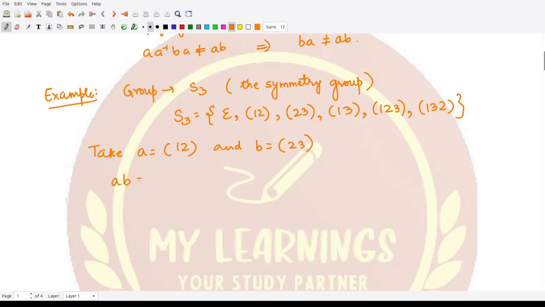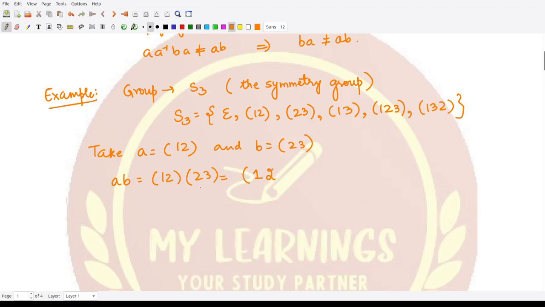then what would be AB? Let's calculate it. When you calculate it, we are looking for the mapping. Let's start with 1. Here there is no 1 in the first factor, so what about the other? Here 1 goes to 2, right? So the final answer would be 1 goes to 2.